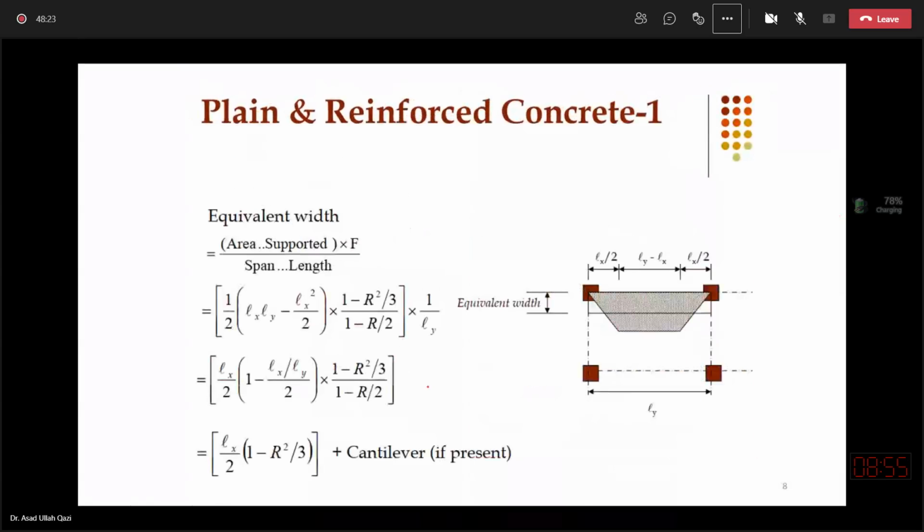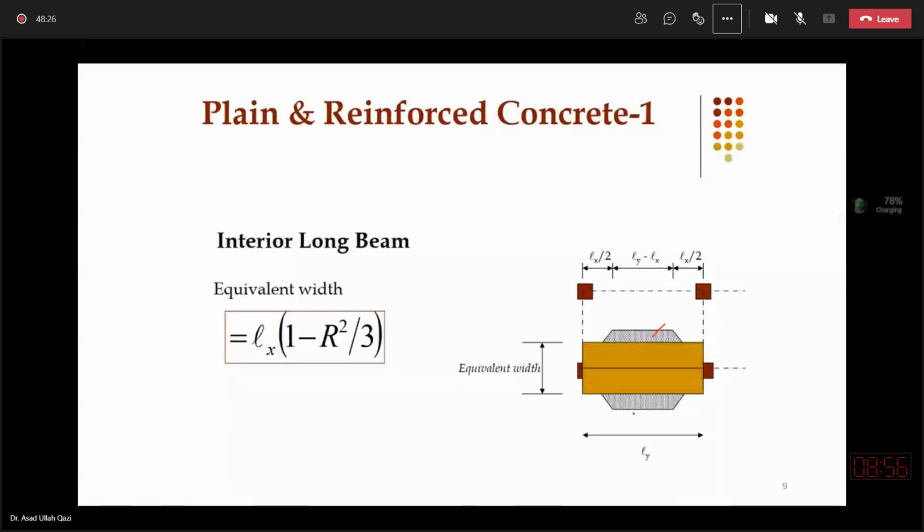long span beam, the equivalent width you will use to determine the UDL on the interior long span beam will be Lx into 1 minus r square over 3. And it is important to note that whether it is the short span beam or the long span beam, in the calculation of equivalent width, Lx is appearing in both equations.